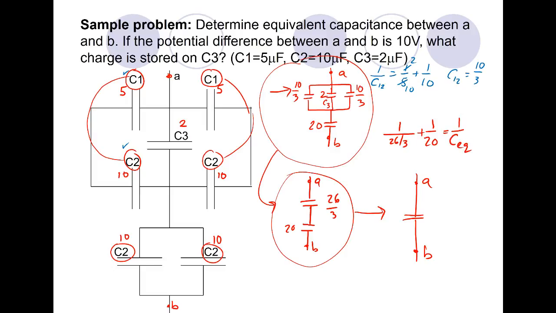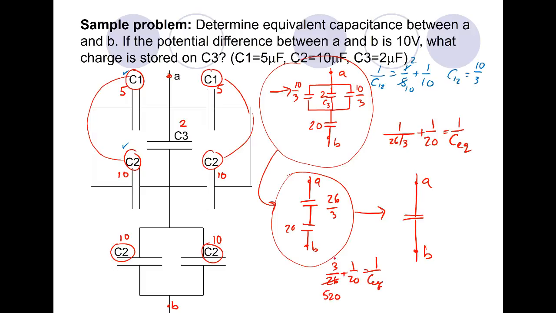So that gets a little messy, but basically what we have is 3/26 plus 1/20 equals 1 over C equivalent, and the best common denominator I can come up with is just multiplying them together.